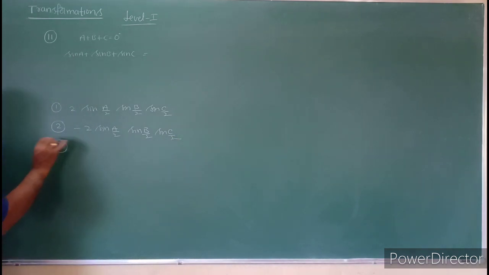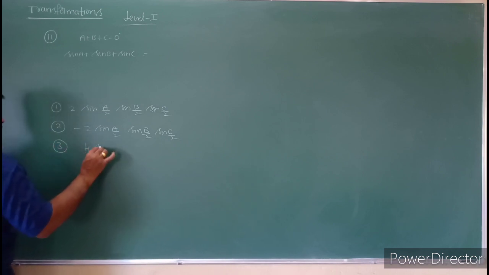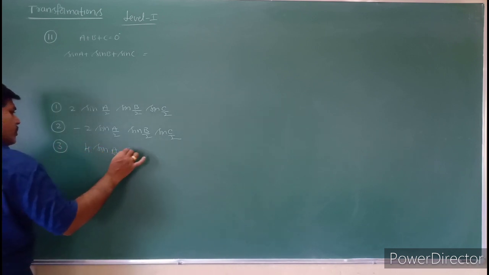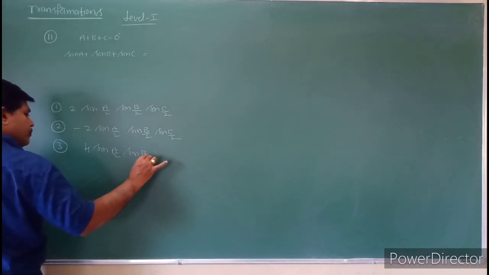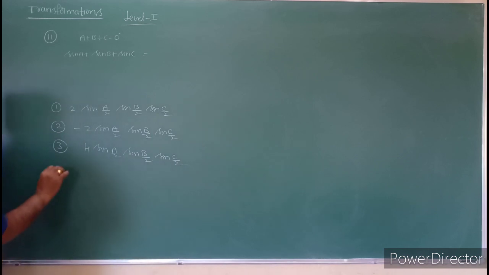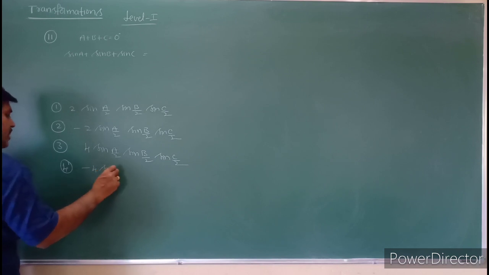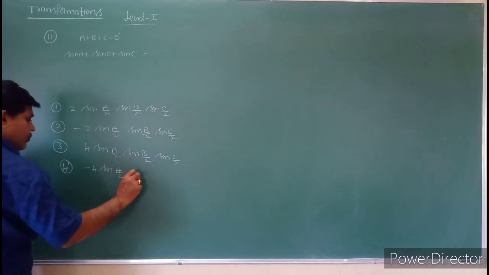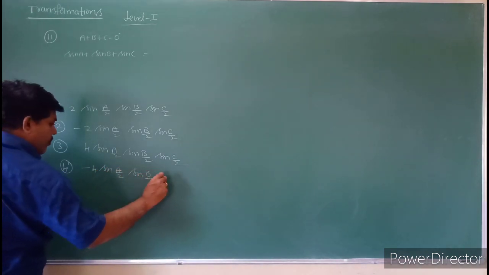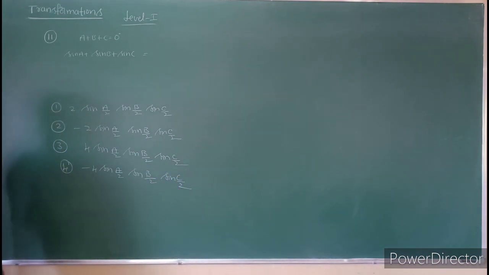Similarly, the third option is 4 into sin A by 2, sin B by 2, sin C by 2. And the fourth option, students, is minus 4 sin A by 2, sin B by 2, sin C by 2.